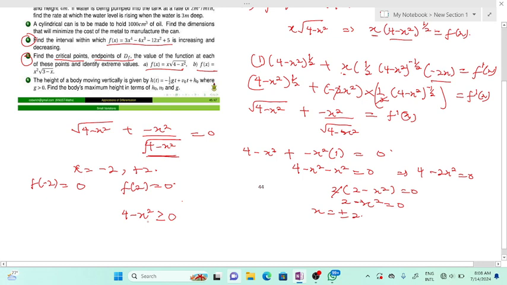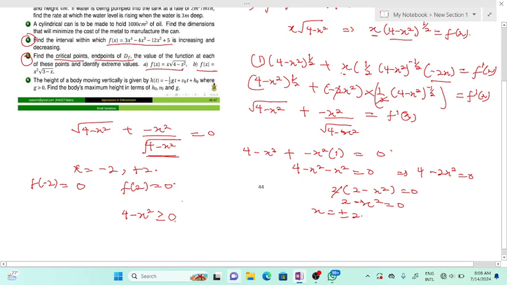So this is the same as, this is a difference of 2 squares, is that not it? Yes. So I'm going to have 2 minus x multiplying 2 plus x, right? Is greater than or equal to what? 0.